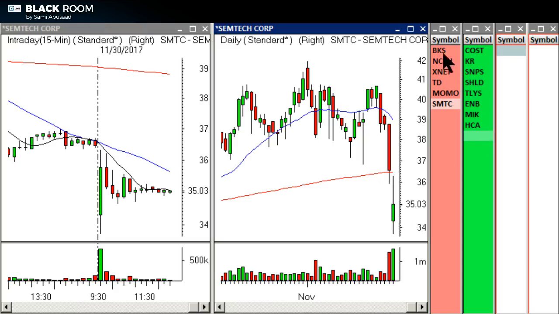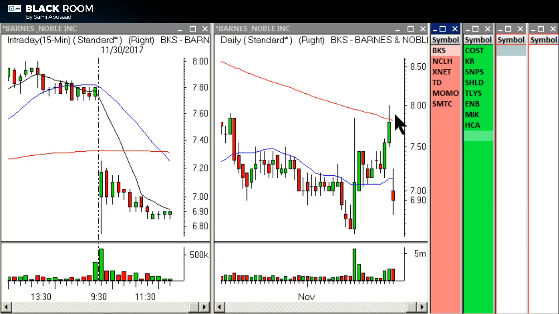Whereas something like BKS: two big green bars, and then today it gaps down. That's a surprise gap. Almost everybody that bought it yesterday and the day before stayed in it, and I know that most people did stay in it because we don't see a big red bar, meaning they didn't exit. Today they're underwater.